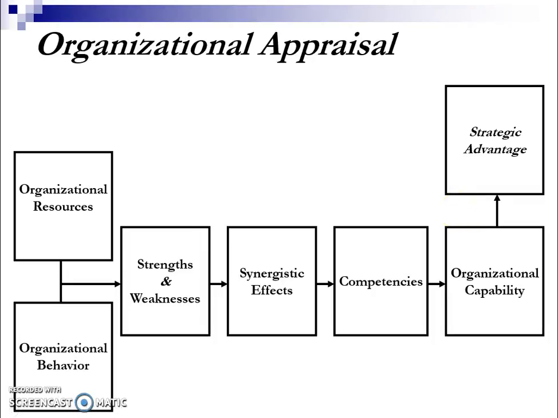Inversely, if all these factors behave in an undesirable manner, they will lead to strategic disadvantage to the firm. So each firm needs to determine whether its resources are behaving in a desirable manner or not, which will eventually lead to the strategic advantage or disadvantage of a firm.